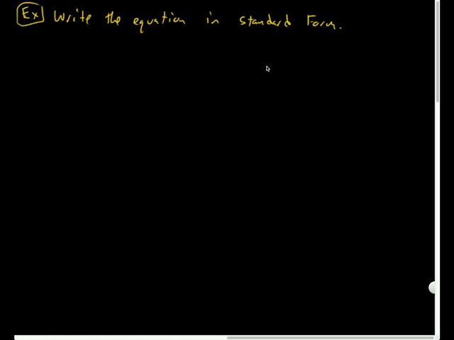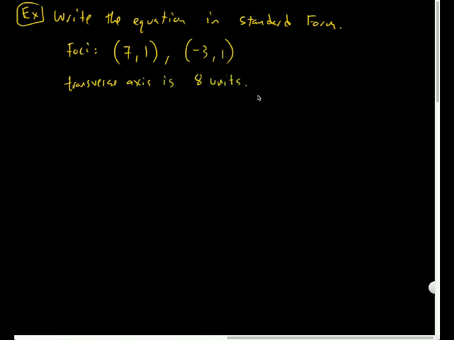Alright, if the foci are 7, 1, so here's my first fact, 7, 1, and -3, 1. So there's the foci. And what if I told you the transverse axis is 8 units in length. Okay, so there's 2 facts that I know, and it doesn't seem like a lot, but it will be.